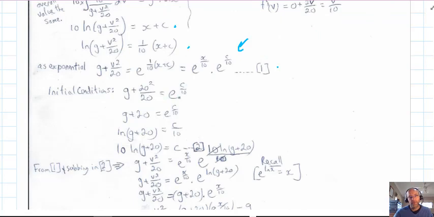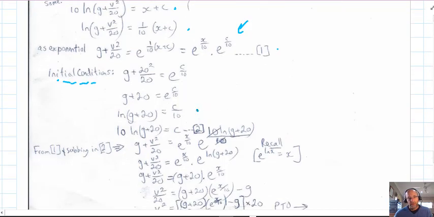Now we have an arbitrary constant there which we need to get rid of, so we apply the initial conditions. Notice I'm just leaving g as g instead of writing an approximation of say 9.8. Subbing in those initial conditions and taking logs of both sides down to here, we get another expression for c, which I've called statement number 2.